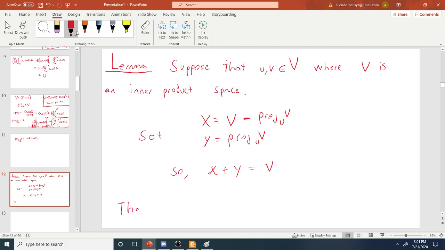Then x is going to be orthogonal to y. So I'm going to prove this. Here's how the proof goes.